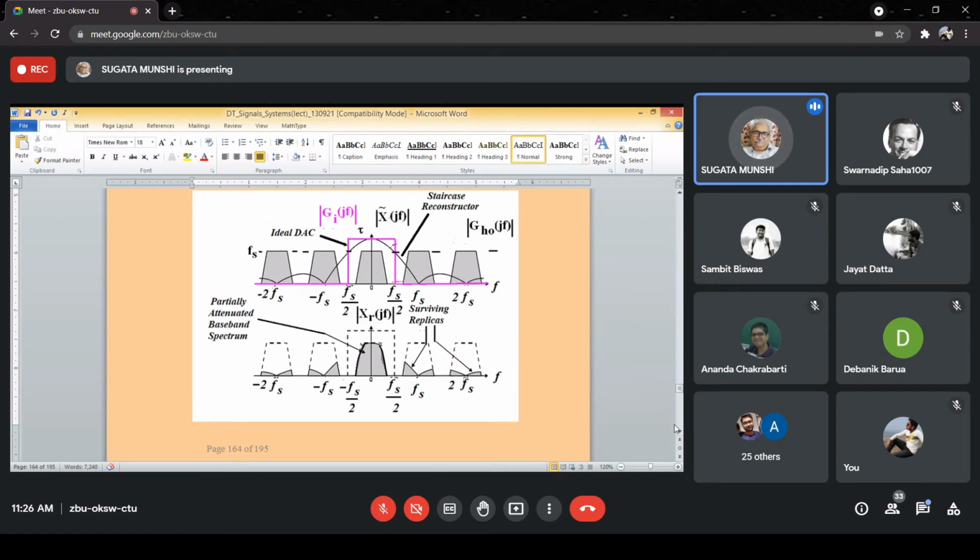When I say partial remedial measure, why do I call it partial? Because by placing a low pass filter, you will be able to block these contributions from the images, these surviving replicas. But you cannot restore back whatever was attenuated in this baseband spectrum; that you cannot correct using a low pass filter.